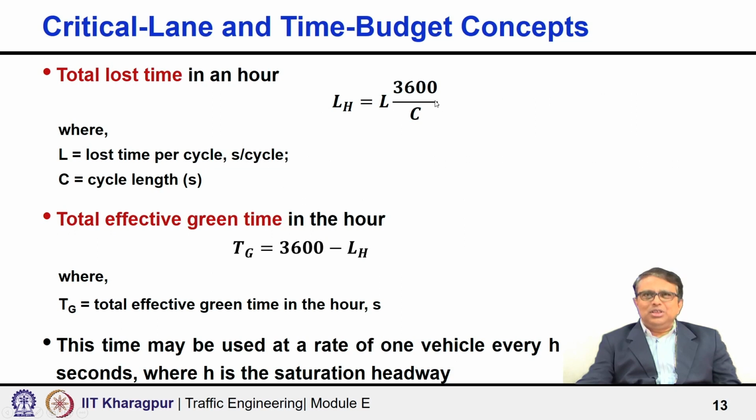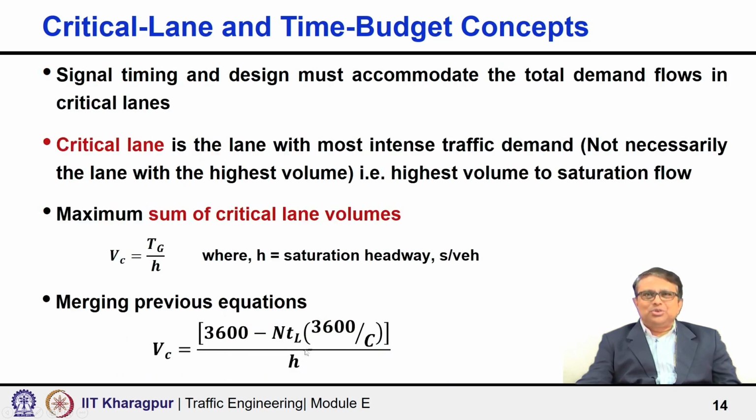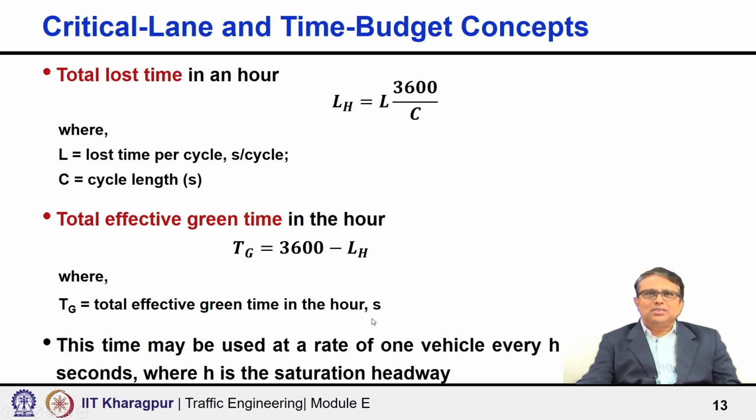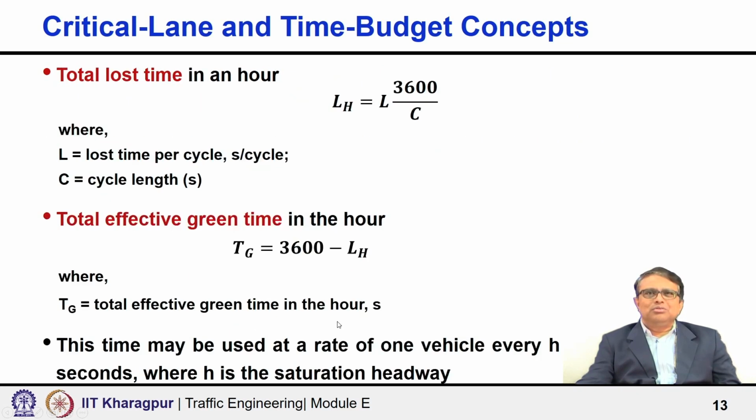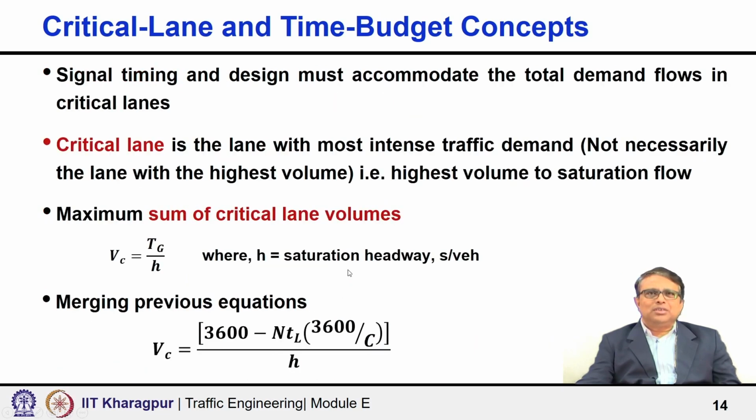LH is L into 3600 by C, and what is L? L is N into TL. With all the substitution, you get Vc equal to 3600 minus N into TL into 3600 by C, the whole thing divided by H. That is the critical volume that can be handled.